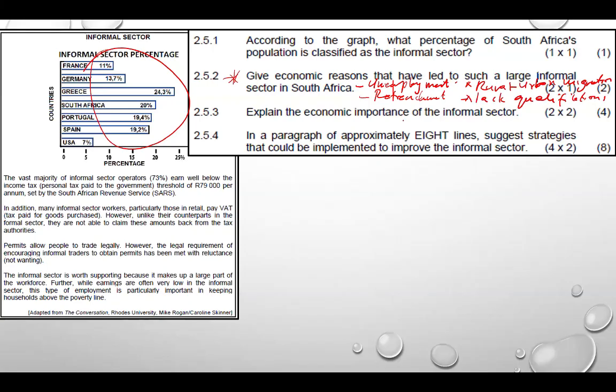Now, explain the economic importance of the informal sector. Economic importance: it creates jobs. That's number one.